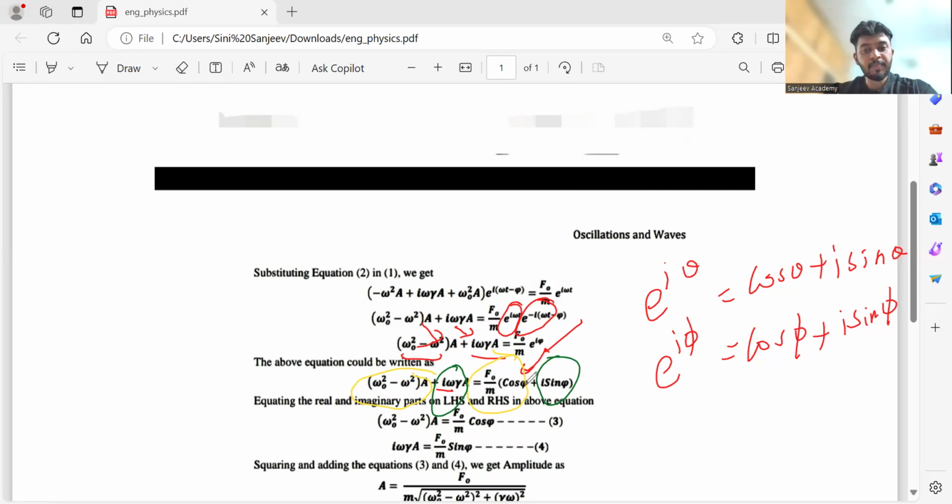So just pause the video and see whether you're able to follow clearly whatever I'm telling. Once you separate the real and imaginary part, the equation will be like equation 3 and equation 4 respectively.